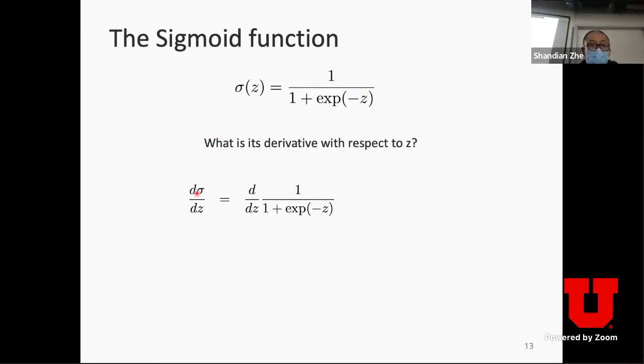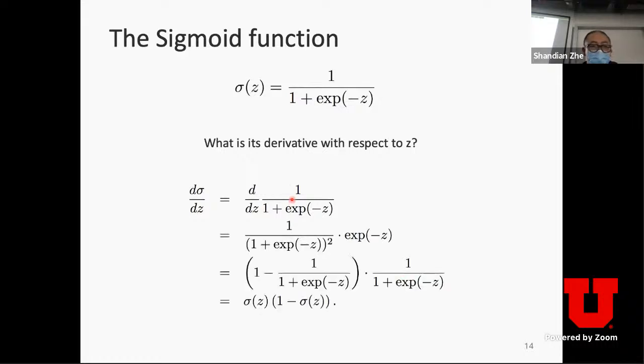So this is the sigmoid function. If you want to take the derivative of the sigmoid over the input, we just follow the rule. This is actually (1 plus e to the minus z) to the power of -1. If you take the derivative, you apply the chain rule: you take the square of the denominator, put a minus sign in front of it, and then take the derivative of the exp over the minus z inside.